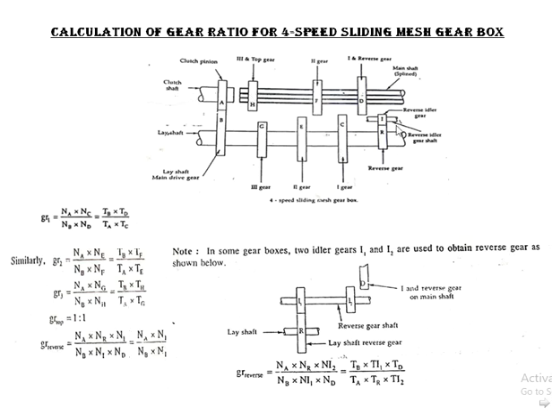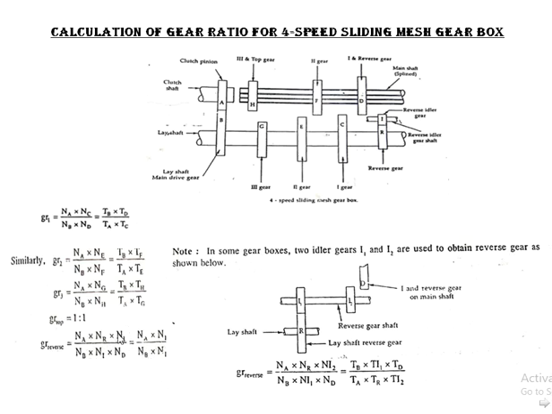In reverse, there is also a reverse gear ratio. So here, the first gear is going to slide and connect to the reverse idler here. So we have the reverse gear, the idler gear and the first gear. So here Na by Nb is fixed, into Nr divided by Ni, into Ni divided by Nd.